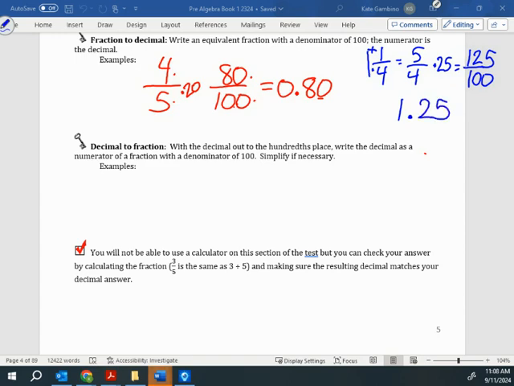So because 125 is greater than 100, we know there's 1 in the ones place. There's a whole, and what was left over was that 25. So I could convert this improper fraction to a mixed number. 125 over 100 is 1 and 25 hundredths.